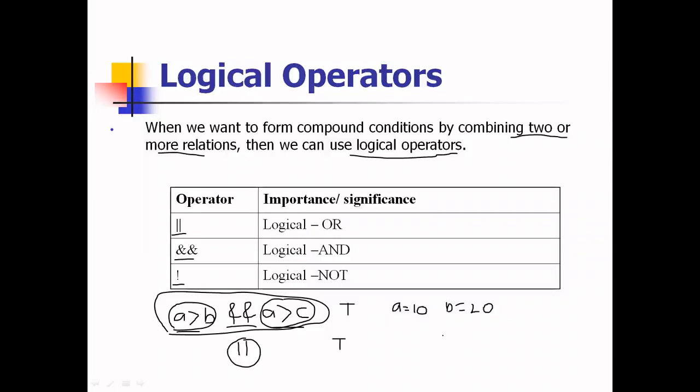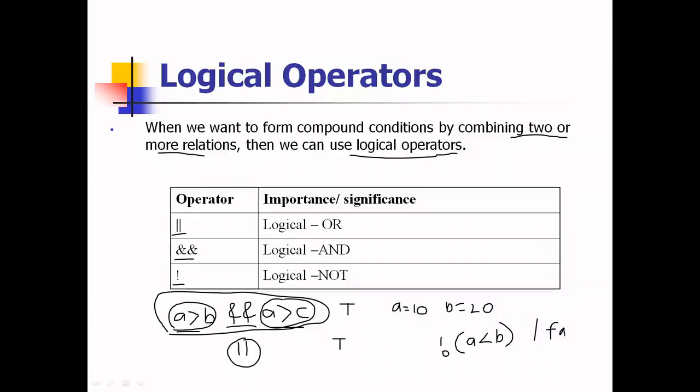And if we have an expression like not, in bracket, A is less than B, so this expression here returns the value that is false.